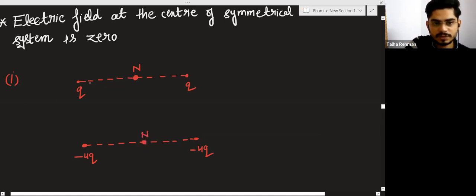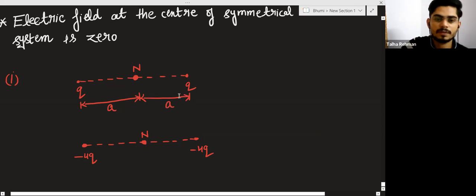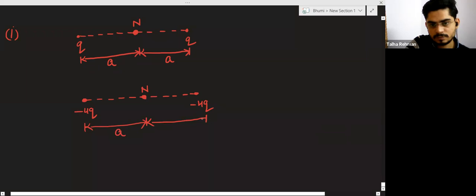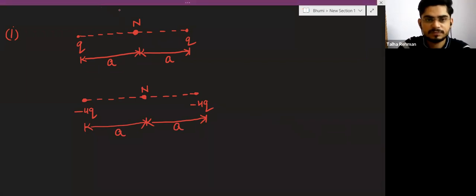Center means if this distance is A, then this distance will also be A. What is the meaning of symmetry?